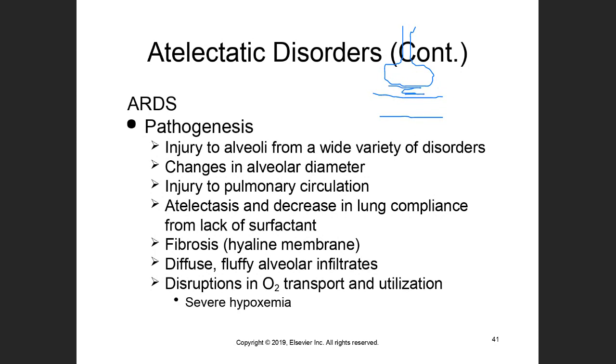This space from here to here is the diffusion capacity of oxygen. If you increase this gap, now you have all this gap. The oxygen doesn't have the ability to go from here all the way down right here. So then you develop ARDS.